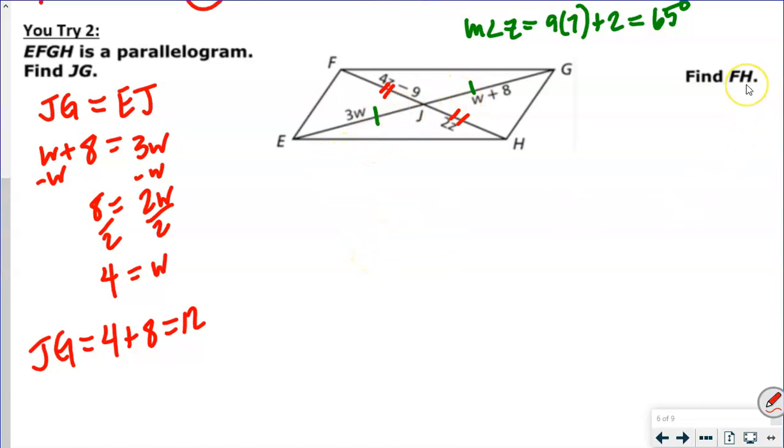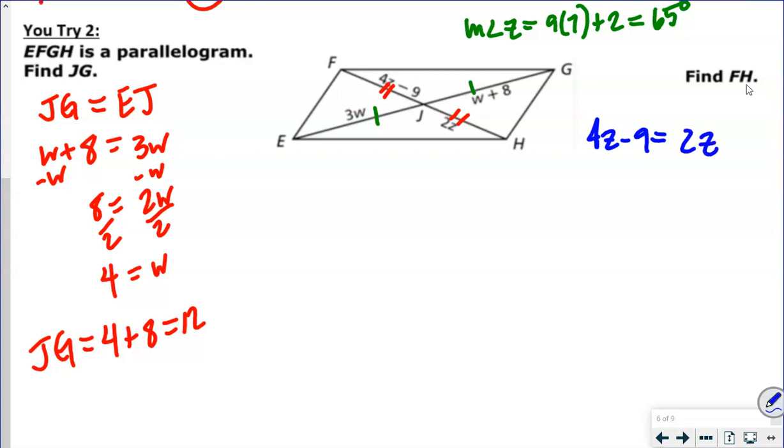Now the next one asks us about FH, and that's the whole thing. But to solve it, remember again that we're going to have to set these parts that we have equal to each other, right? So this time we're going to say 4z minus 9 is equal to 2z, right?